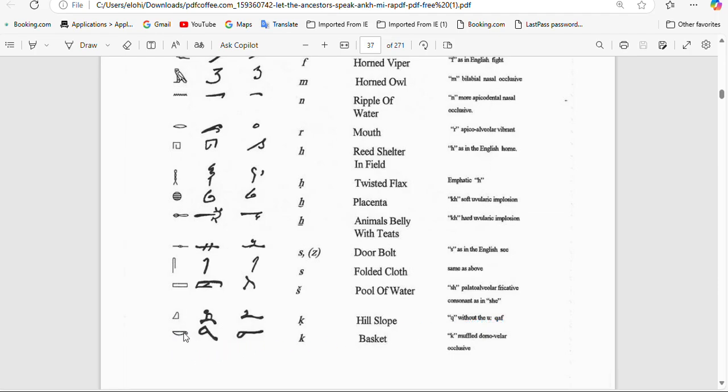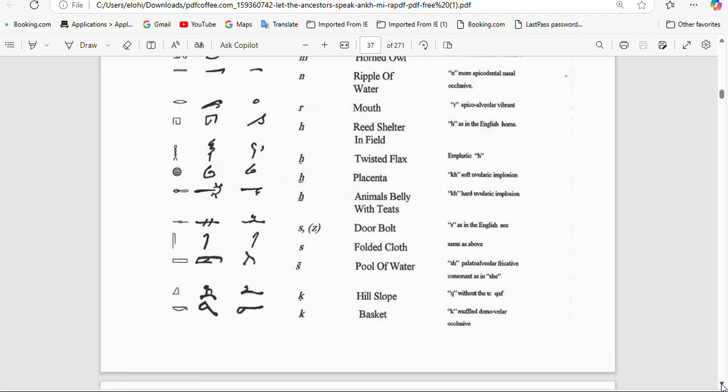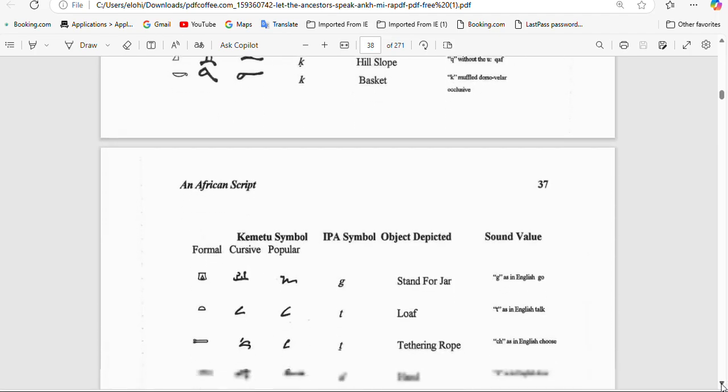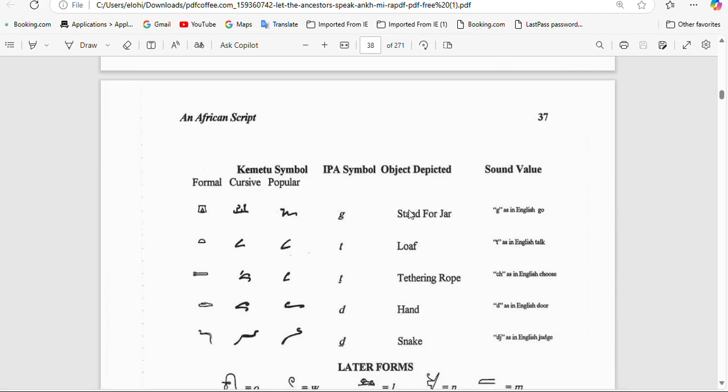This here is a basket. This is the phonetic K. Then we have a stand for a jar. You see it in the three different scripts. The IPA symbol is a G, G as in go. This here is a half loaf. You see it in the other two scripts. It's a T, T as in talk.